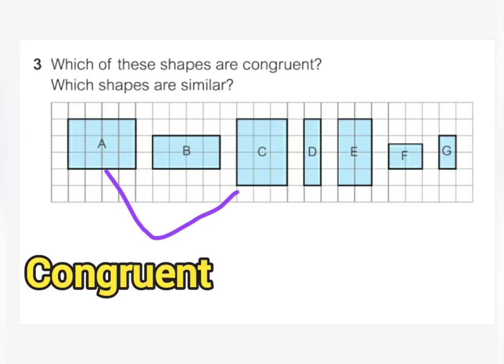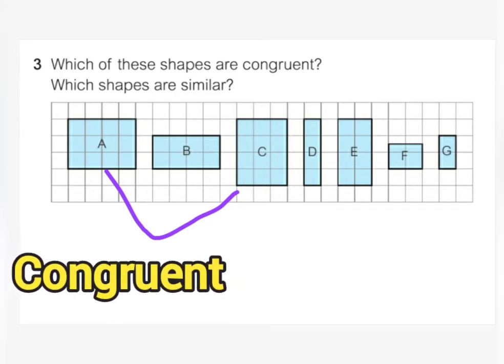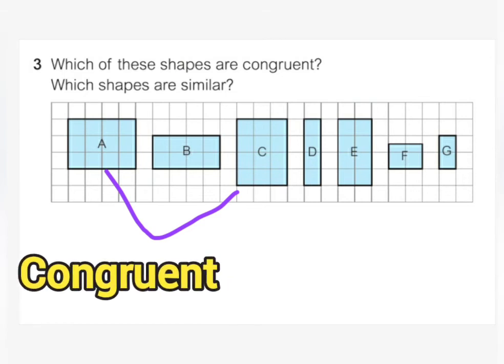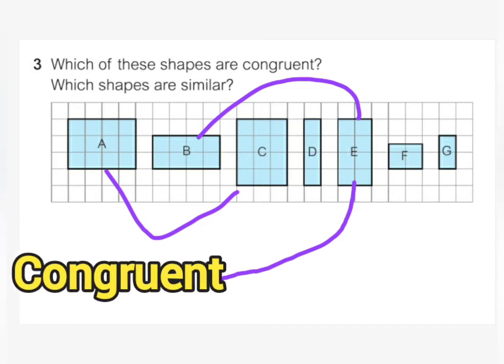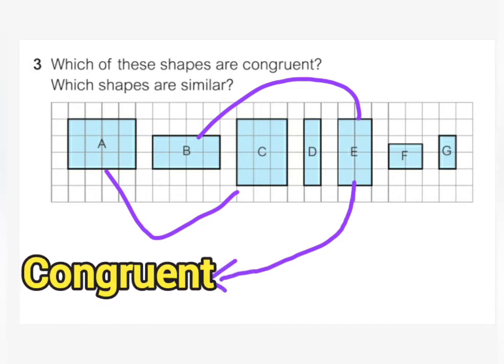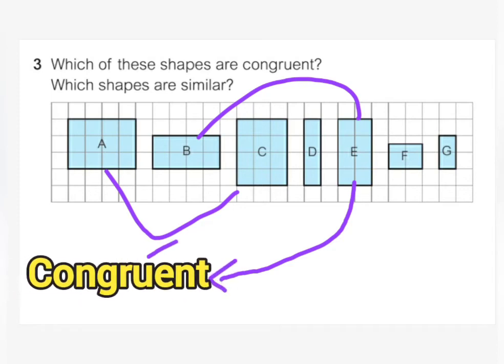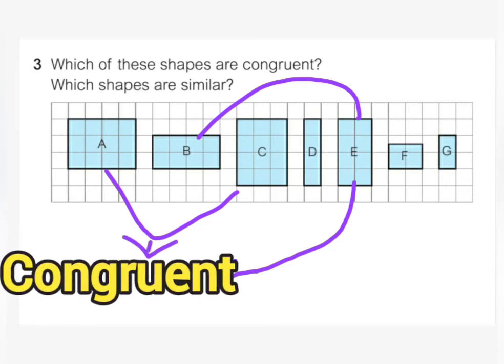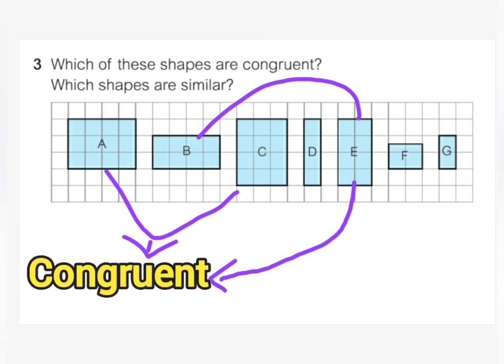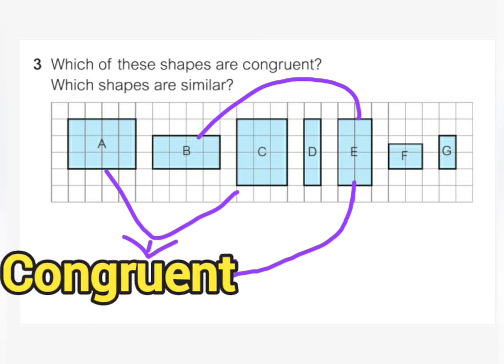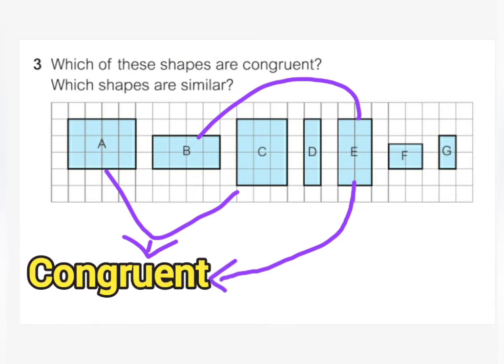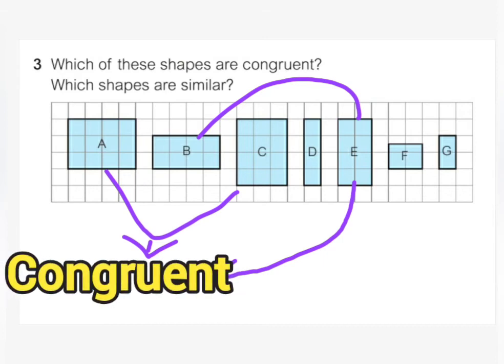And we have, which ones? Very good. B and E are congruent. So, here we have A and C, and we have B and E. These are congruent. Very good. And we say they are congruent because they are identical.